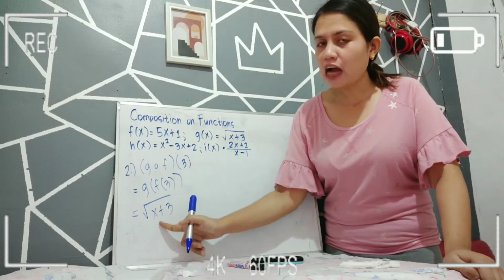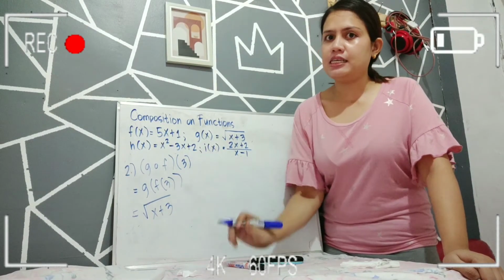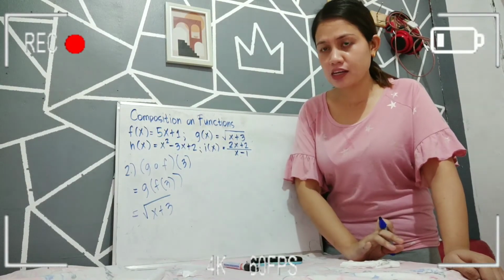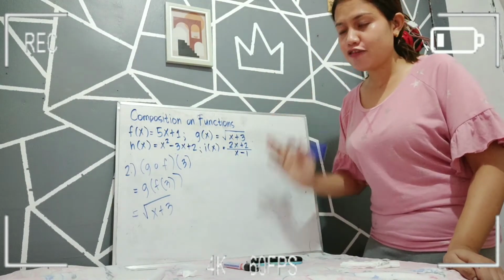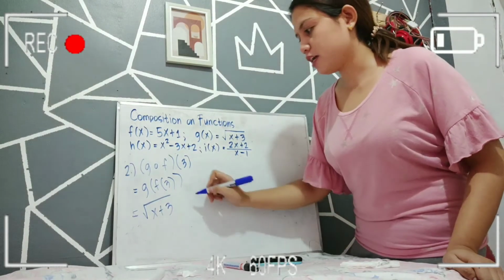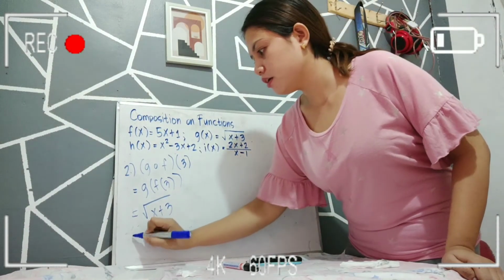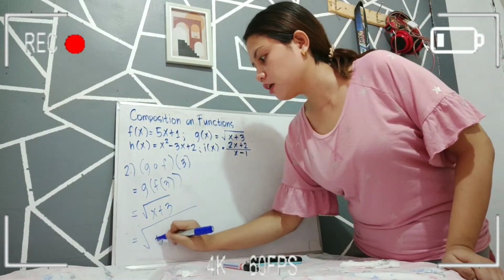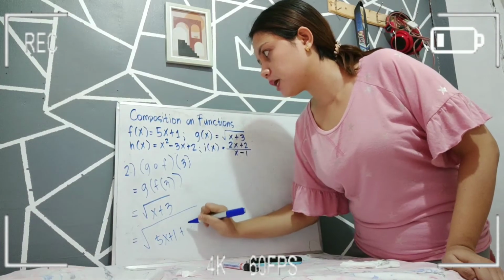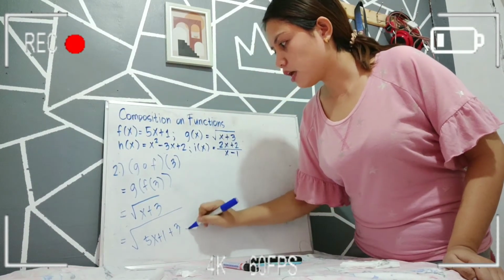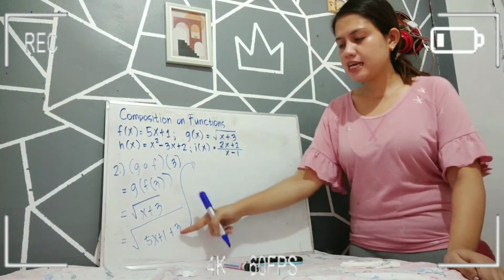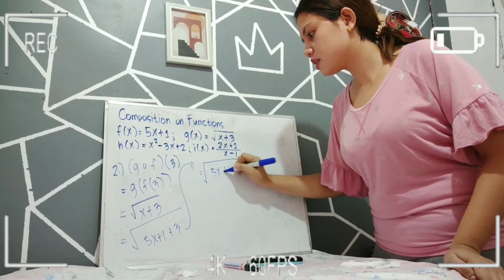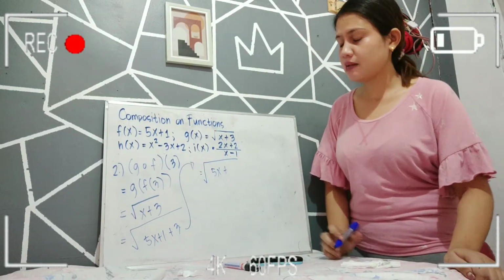Remember, the function that you will replace inside the variable in g of x is the next function, which is the f of x. So we have here square root of, instead of writing x, you change it by 5x plus 1, plus 3. Then, pwede ta na i-simplify daan. So, we have square root of 5x, 1 plus 3 is 4.